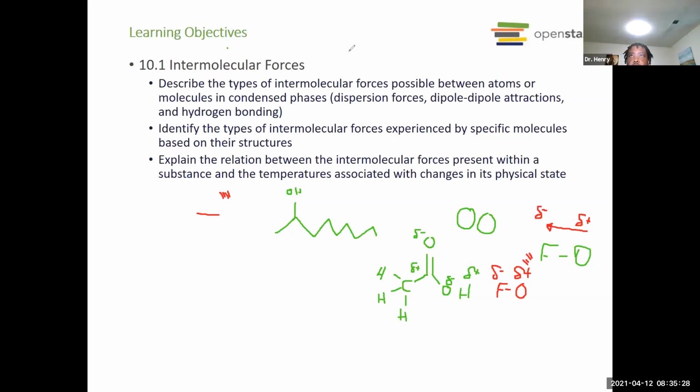One side is polar, meaning that it has that positive and negative charge on it, and the other side is hydrophobic, meaning that it's just a long chain of carbon. So in that situation, you're going to have dispersion forces on one side interacting, and on the other side, you're going to have dipole-dipole attraction. Does that make sense? And I know the majority of you have already taken biology, right?